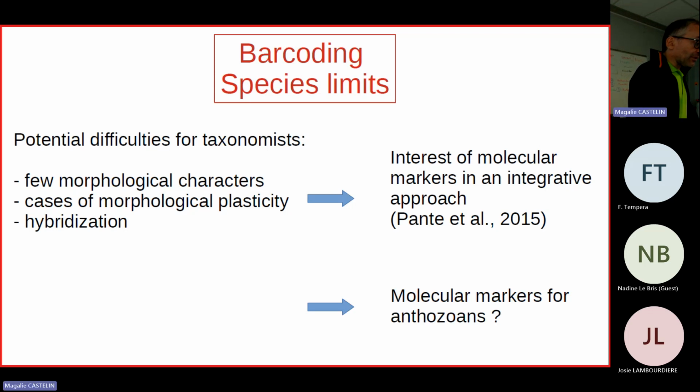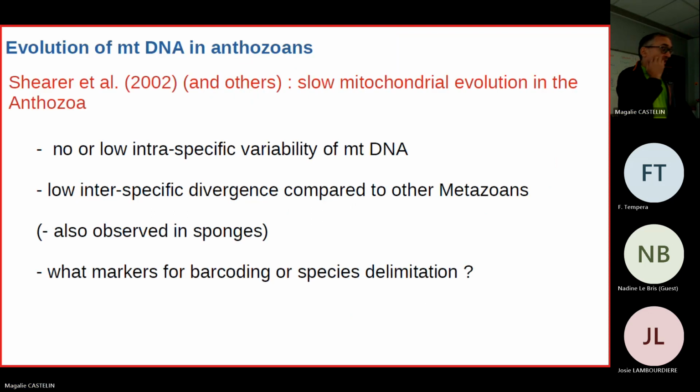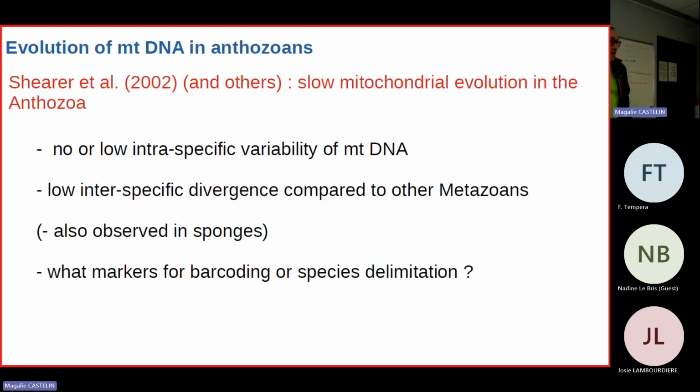So what molecular markers can we use in Anthozoans? The first studies, here I cite Shearer and collaborators, but others in the 2000s when we were sequencing mitochondrial DNA, like other people, we have seen that there is a slow mitochondrial evolution in the Anthozoans. That means that in some cases, which is not always the case, I will show you that we can still use mitochondrial DNA, but there is no or low variability of mitochondrial DNA inside the species.